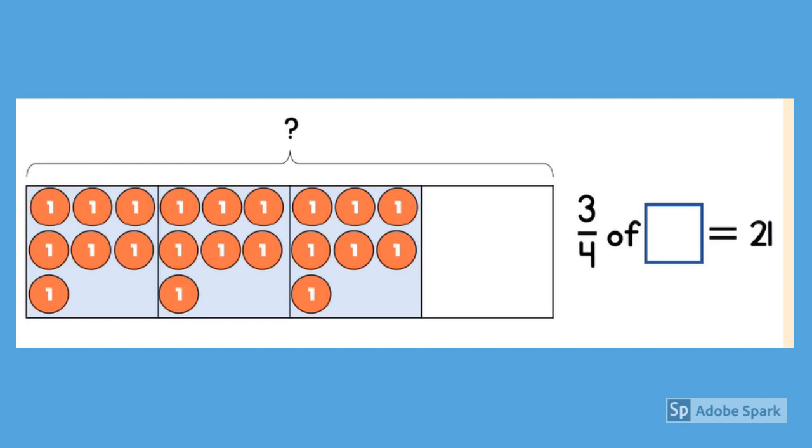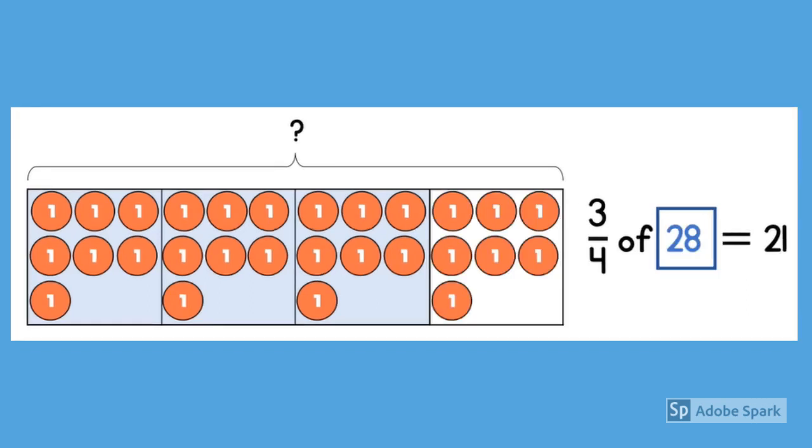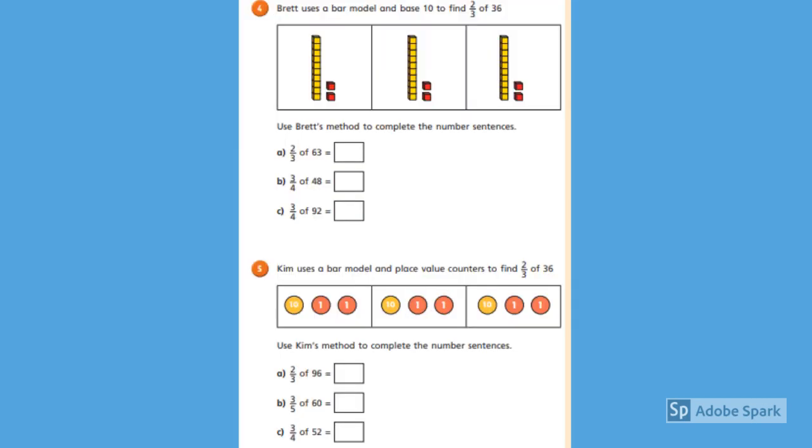This gave us a total of 7. Now the bar model must be equal. Each of the 4 parts must have 7. We multiply the 7 by 4, and this gives us a total of 28. So 3/4 of 28 equals 21.